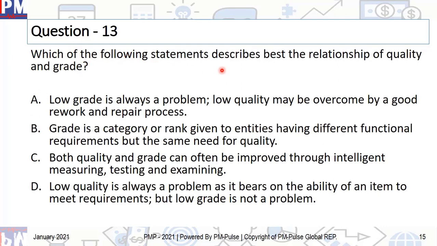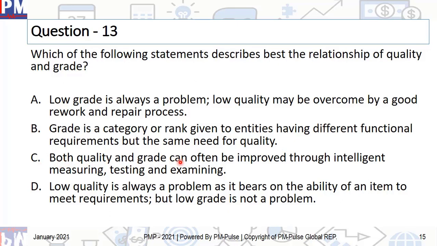Which of the following statements describes best the relationship of quality and grade? A. Low grade is always a problem. Low quality may be overcome by a good rework and repair process. B. Grade is a category or rank given to entities having different functional requirements but the same need for quality.